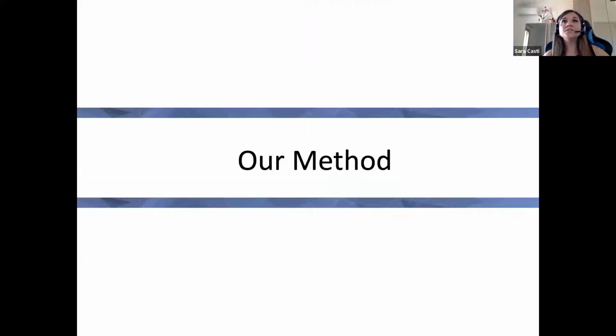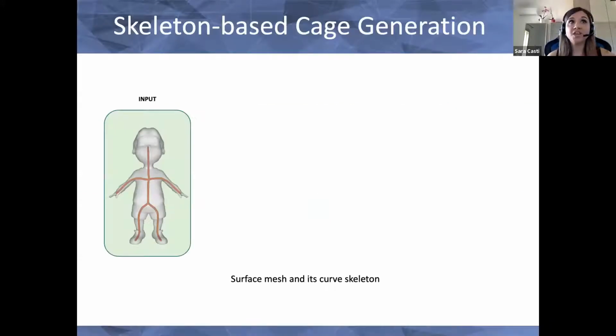So our method aims to solve the main issues of the existing approaches. Our idea is to start from an input shape and its curved skeleton. As I said at the start of the presentation, curved skeletons are one type of skeleton that is used as a shape descriptor.